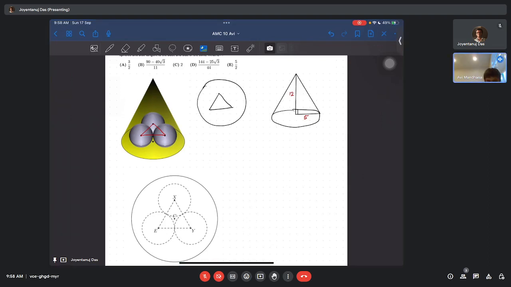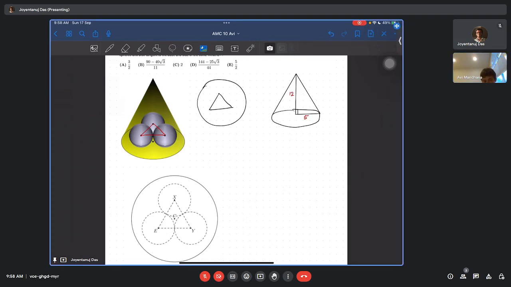And we're trying to find the radius of the spheres that we can put inside like this.